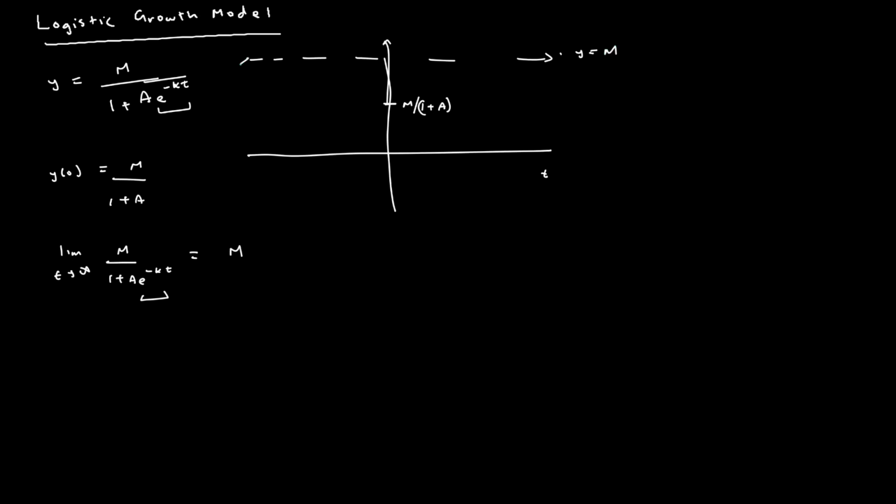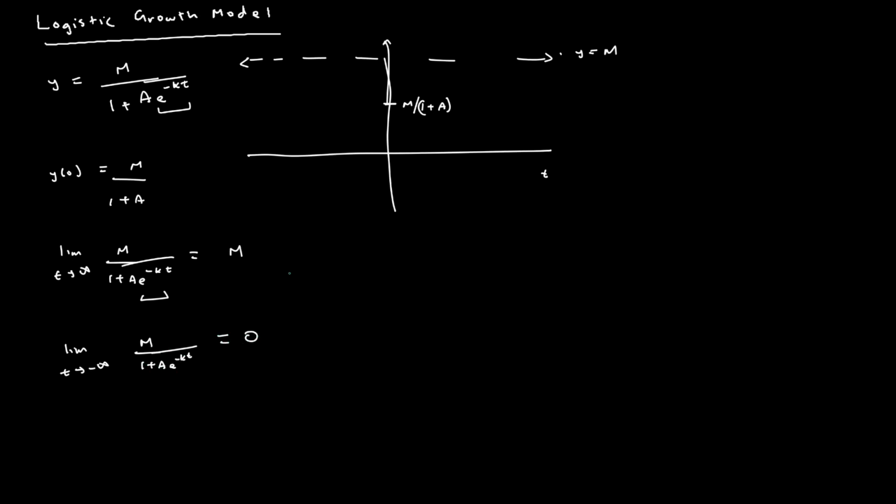And as t tends towards negative infinity of the same function, the exponential function basically trumps all the other functions. It will be e to the power of some really large positive number, and therefore our denominator will be extremely large, and so m over a large denominator will essentially be 0.